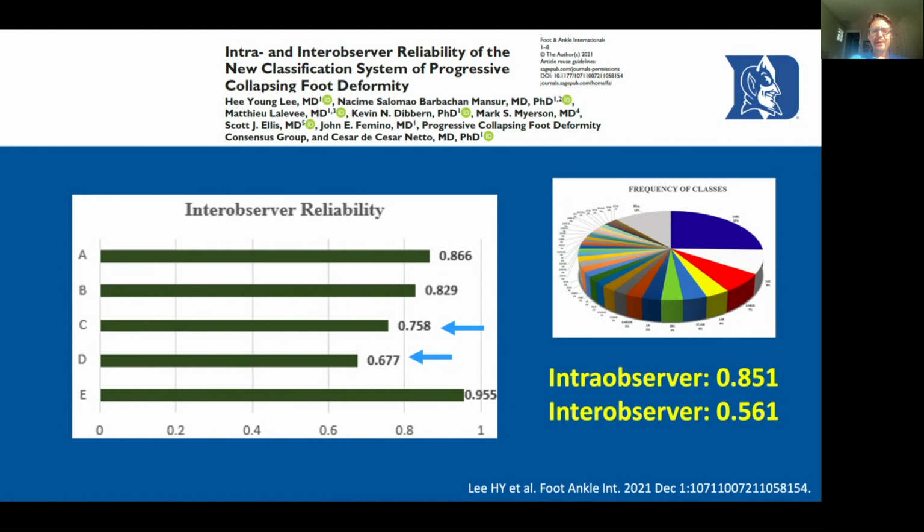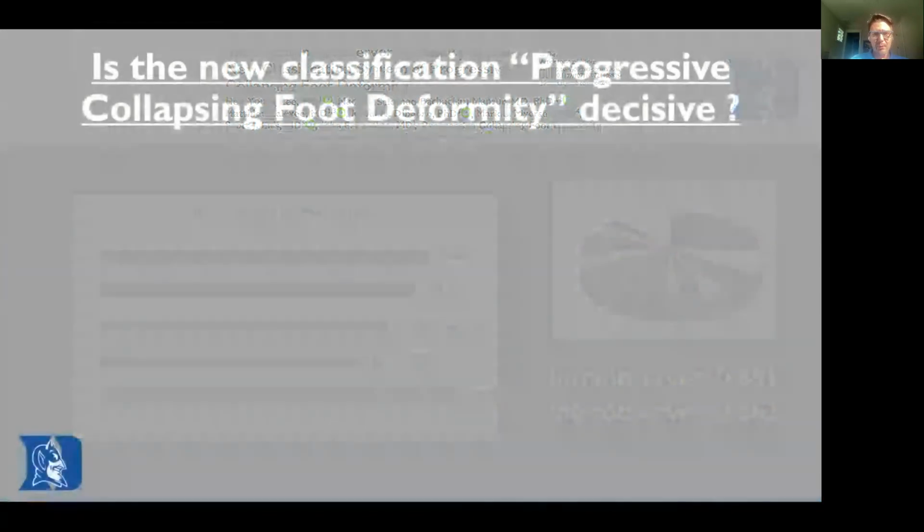And so that was the second lowest reliability that we found. But overall, the intra-observer reliability for the full classification was 0.85, and the inter-observer 0.56. That is not a very good reliability, but again, that was expected when we came up with the classification.